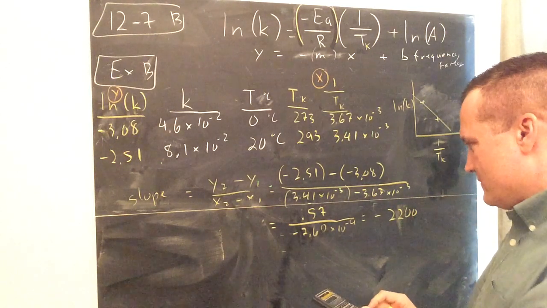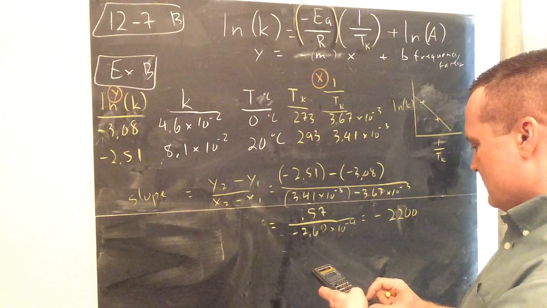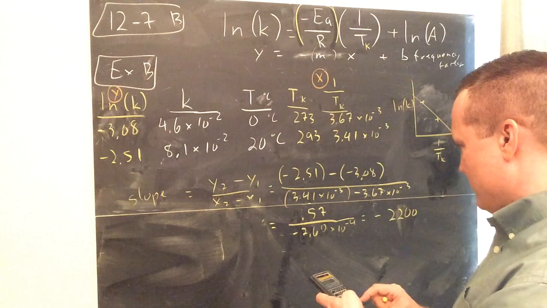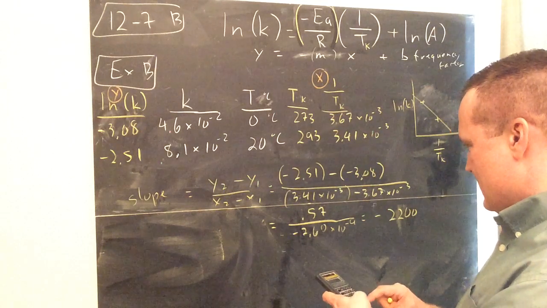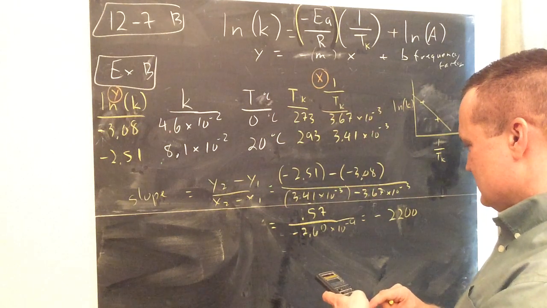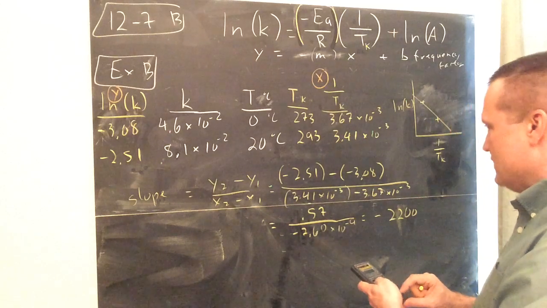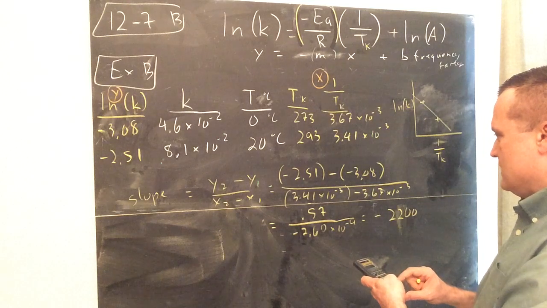Now, let me double check this math one more time. Negative 2.51 plus 3.08 is 0.57, divided by 2.6 times 10 to the negative 4, and it's a negative though, 2190.